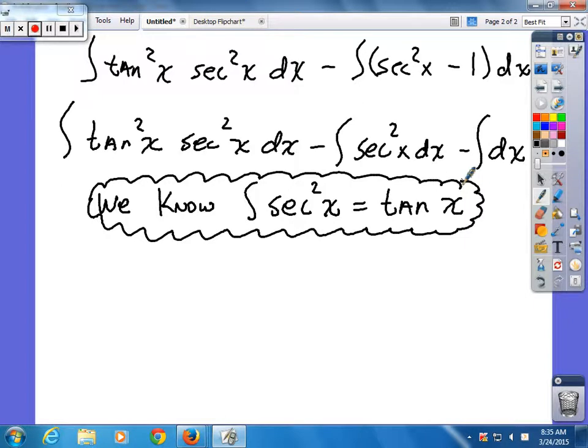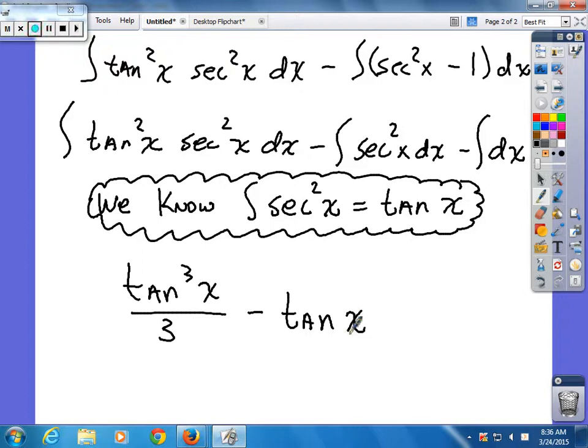So your final answer is tangent cubed x over 3, minus the tangent of x, minus, and the antiderivative of 1 dx is x. And that's your final answer.